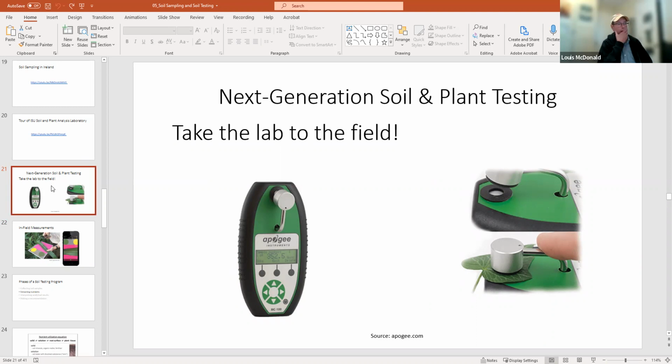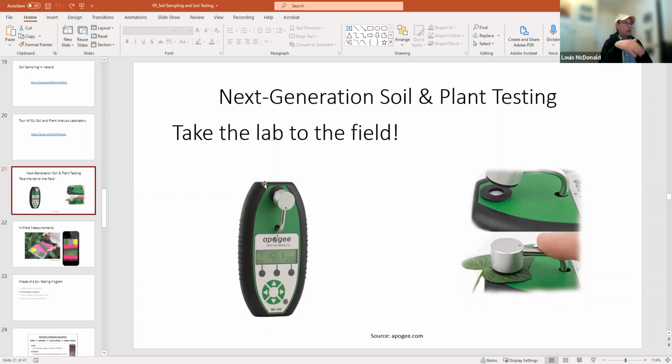All right, and so one of the things that I talked to you about was this idea that as technology improves, in my opinion, we're going to be taking instruments to the field rather than bringing samples to the lab.